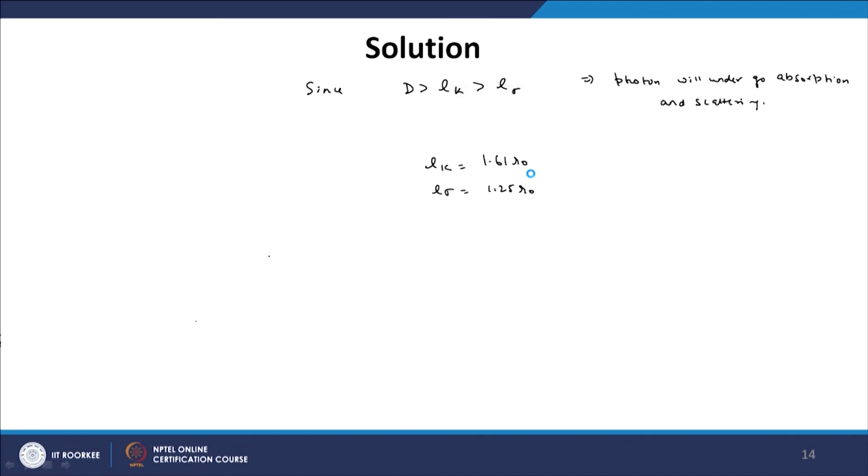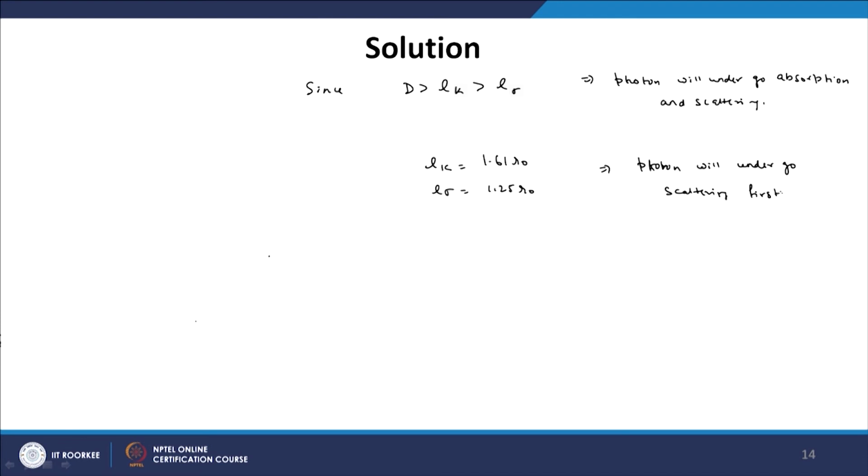So, the photon will undergo scattering first. Okay. So, the photon will be undergoing the scattering.